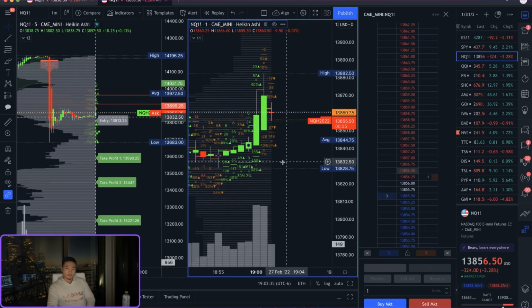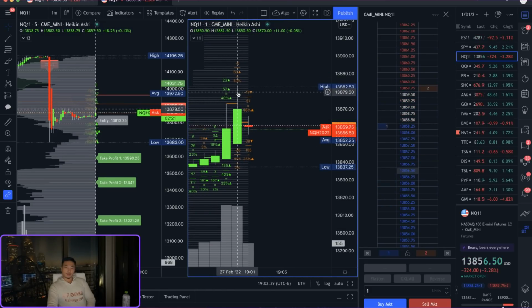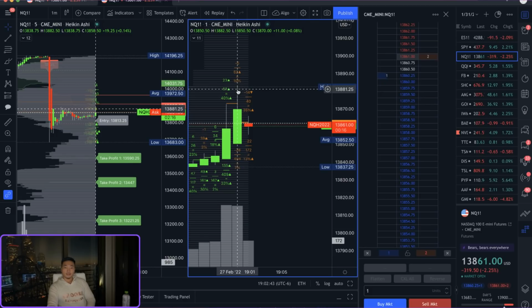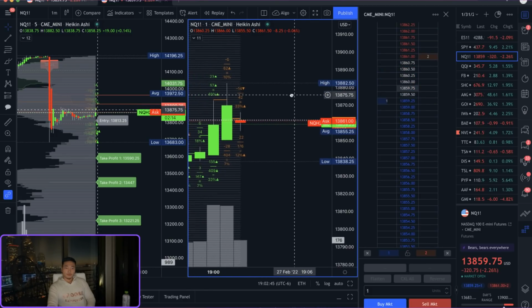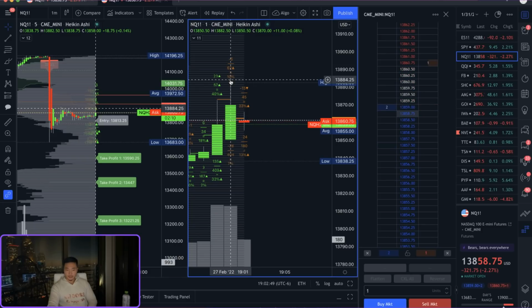So let's say here, when we got to 13,880, from what I see here on the delta ticks, this is available on the chart copy that I posted on Twitter.